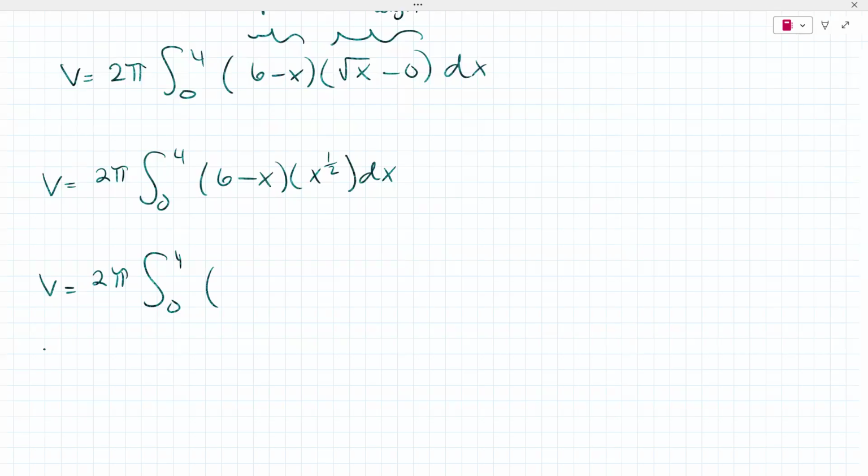And if you FOIL this out, 6 times x to the 1/2 is 6x to the 1/2. And then negative x times x to the 1/2, we're adding the powers, so that would be minus x to the 3/2 dx.